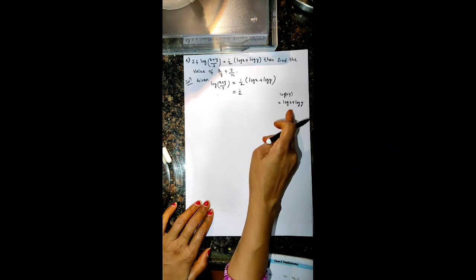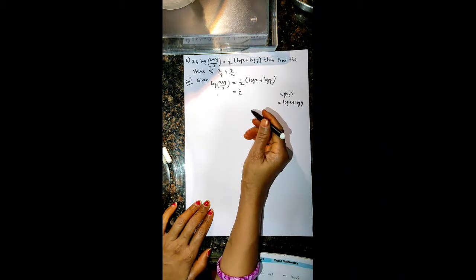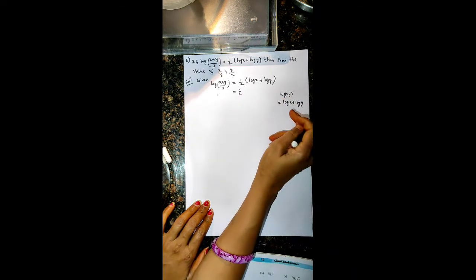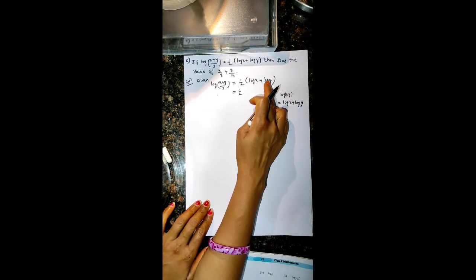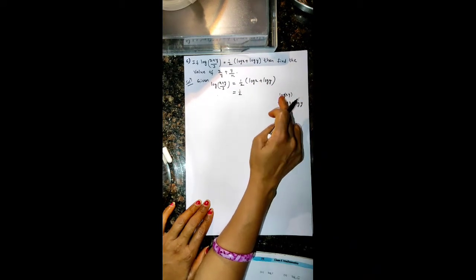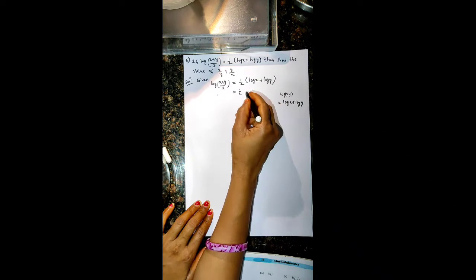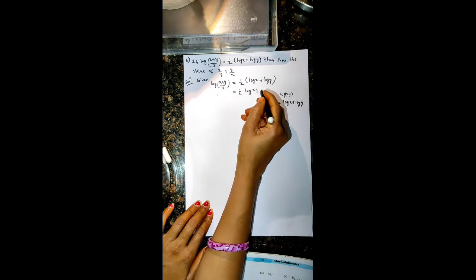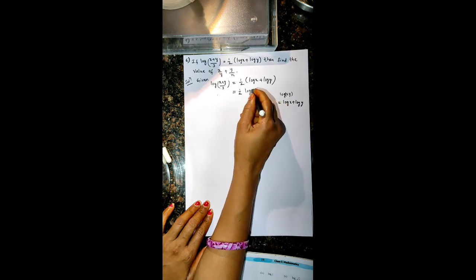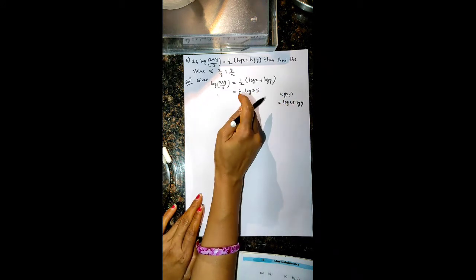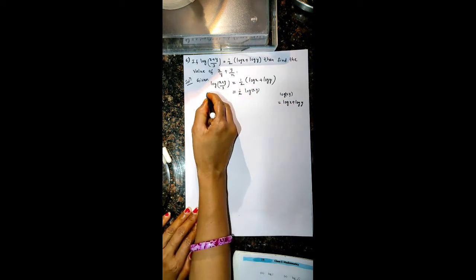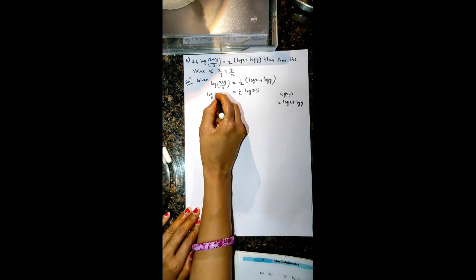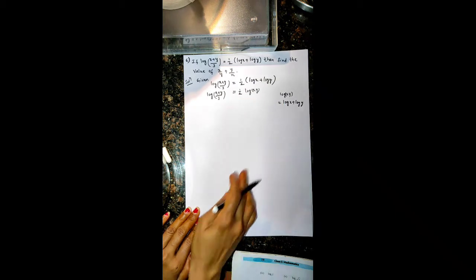That's why instead of these two I am writing this one: log x plus log y equals log xy, means log of x into y. See here, in the left side what we have? Log of (x plus y) by 3 equals this one we have.